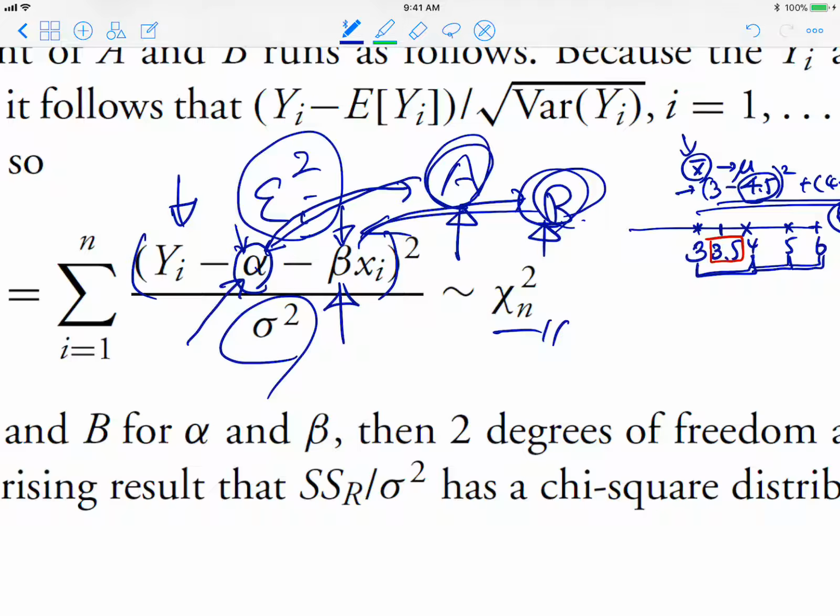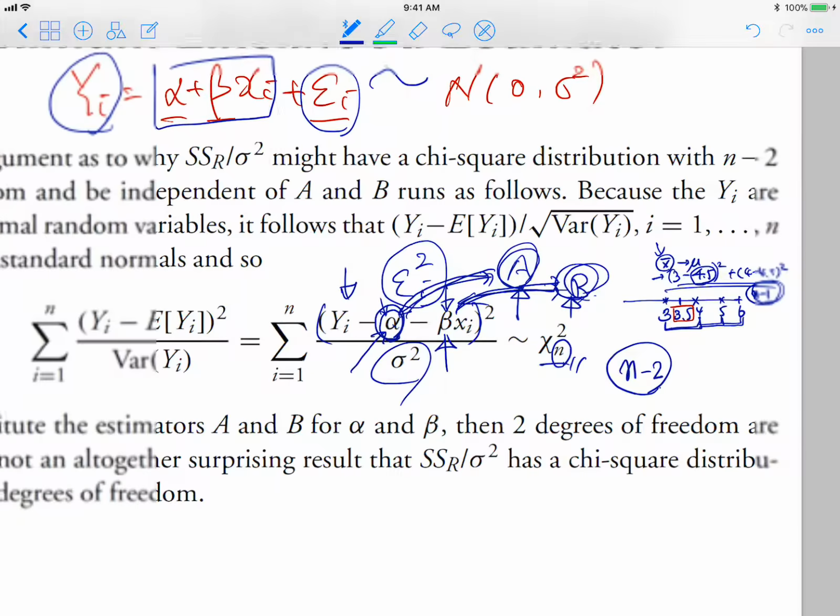So we now have degrees of freedom less than the original number by 2. If we had n data items, the degrees of freedom will be n minus 2 if we replace alpha with A and beta with B.